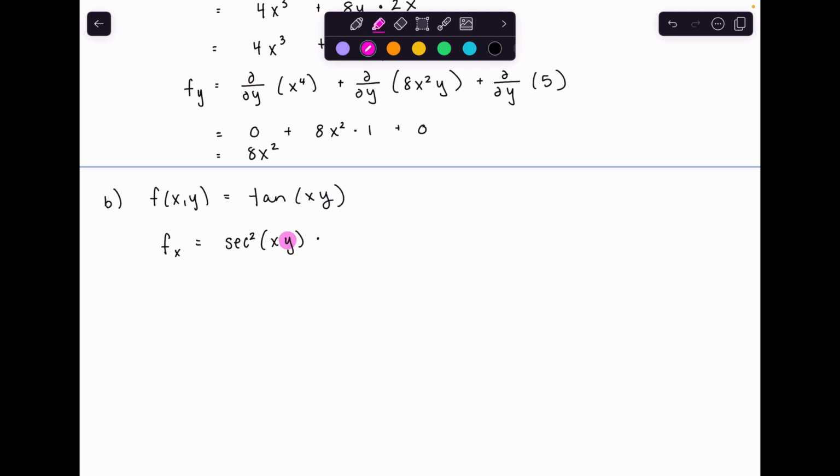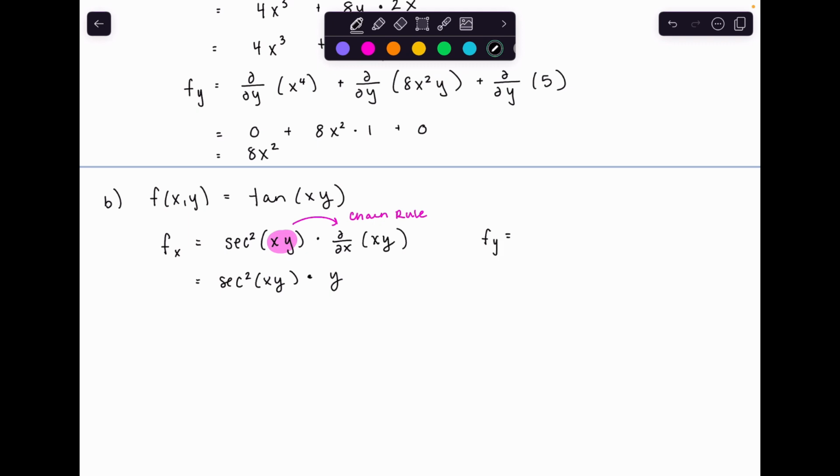And now my chain rule is telling me I've got to take the derivative with respect to x of xy. So that gives me secant squared of xy. And then the derivative of xy with respect to x is just going to be y. Because the derivative of this is 1, so I get the constant attached to it. And that is my first partial with respect to x.